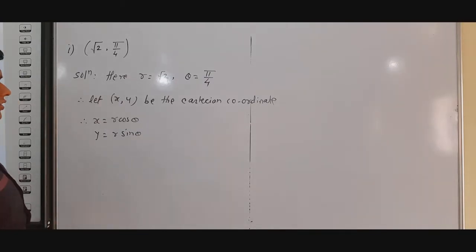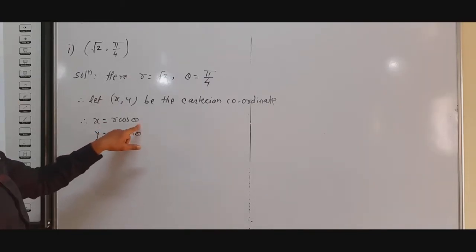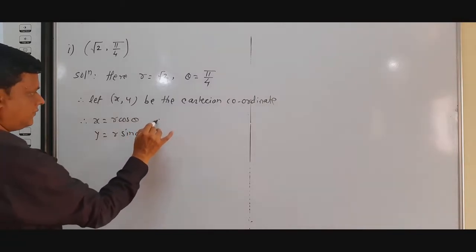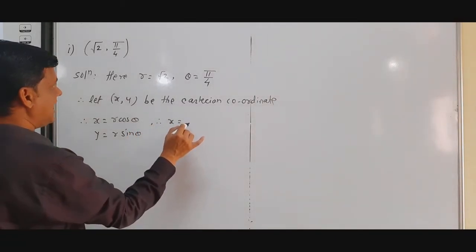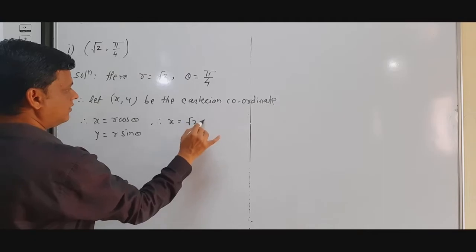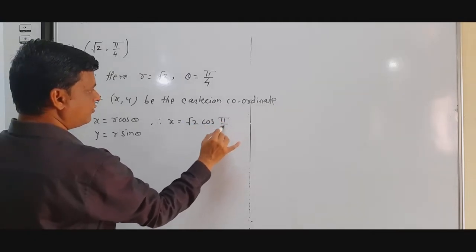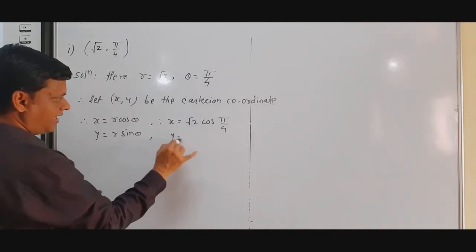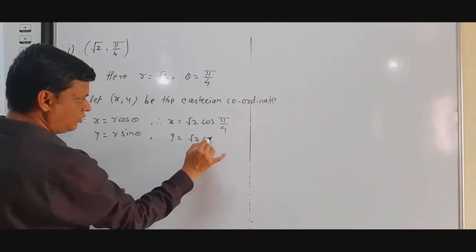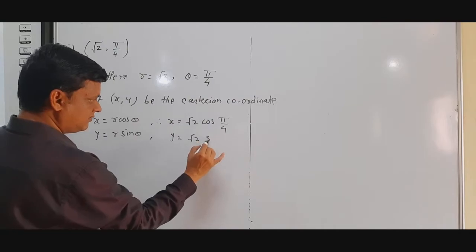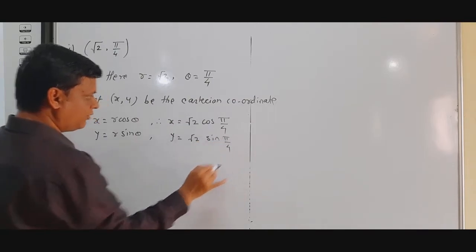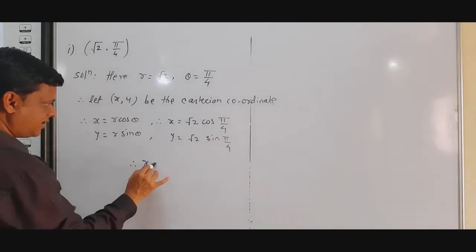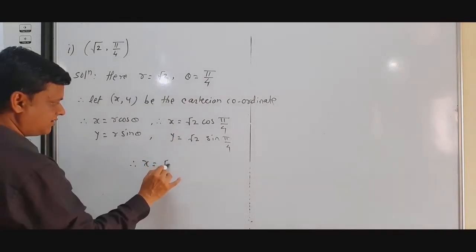Now we have to substitute the values of r and theta. Therefore x is equal to r is root 2, theta is pi by 4. Similarly y is equal to root 2 sin pi by 4.